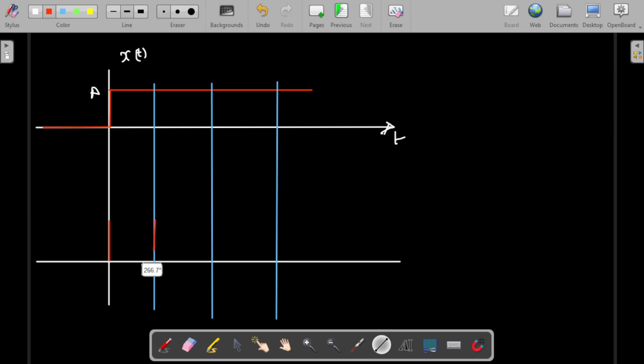Sampled at t equal to Ts, the sample will be there. Sampled at t equal to 2Ts, the sample value will be there, and at t equal to 3Ts as well. So only the values at these instants will be present. These amplitude values will be calculated, and the rest will not be there. That is the fundamental idea of sampling.